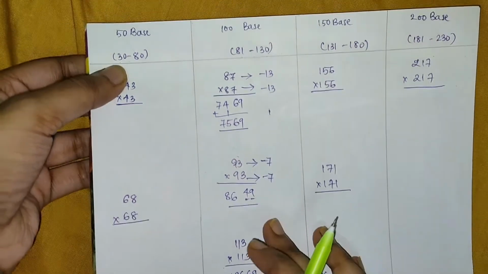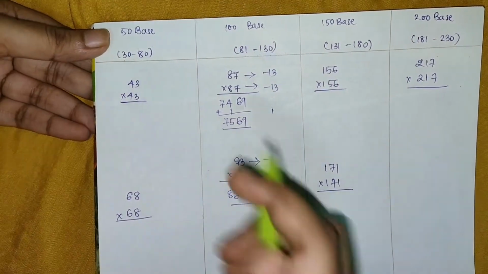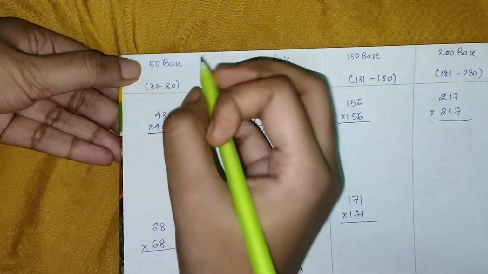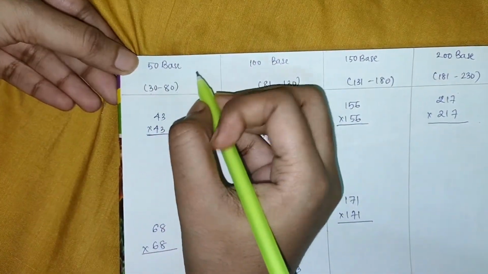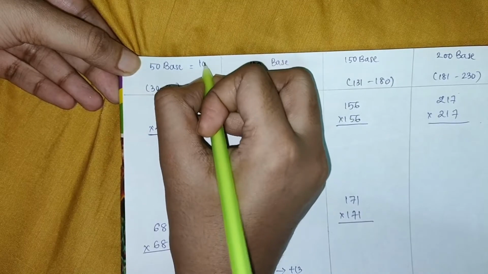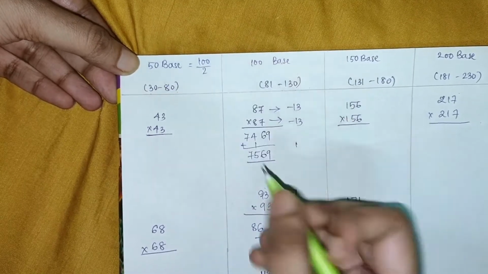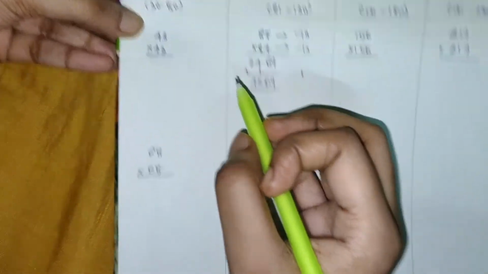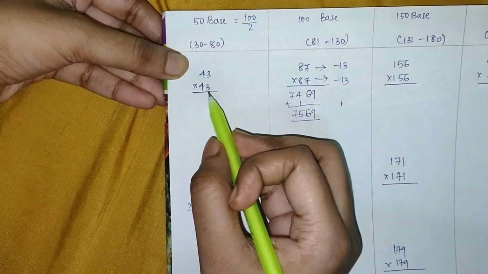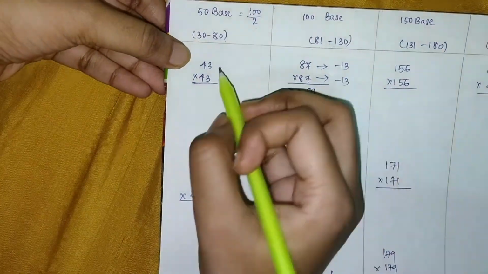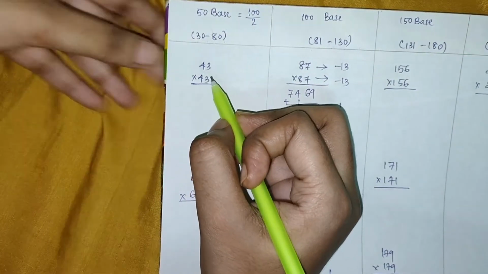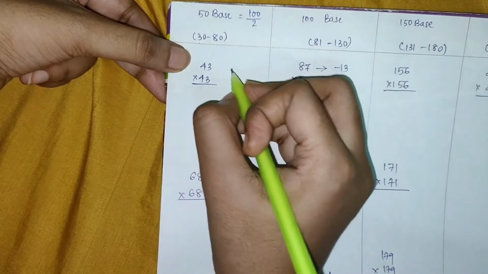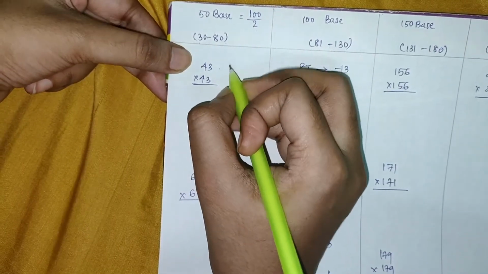Our next base is the 50 base and the range of numbers is 30 to 80. The logic for the 50 base is 100 by 2. As we know, 50 is 100 by 2. So let's take an example and tell you about it. Our first example is 43 square. 43 is how much less than 50?